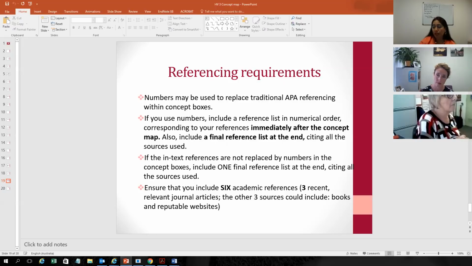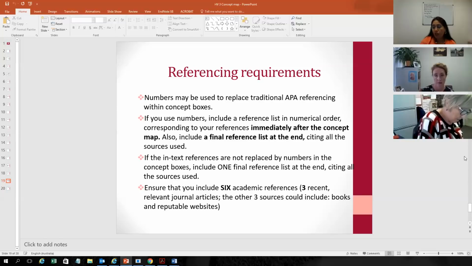If you use numbers, include a reference list in numerical order corresponding to your references immediately after the concept map. And you need a final reference list at the end. If the in-text references are not replaced by numbers in the concept boxes, include one final reference list with all the references for the concept map as well as the question answers.